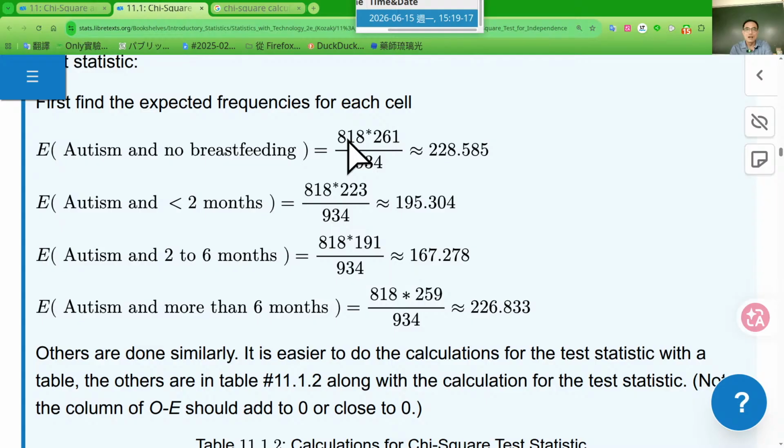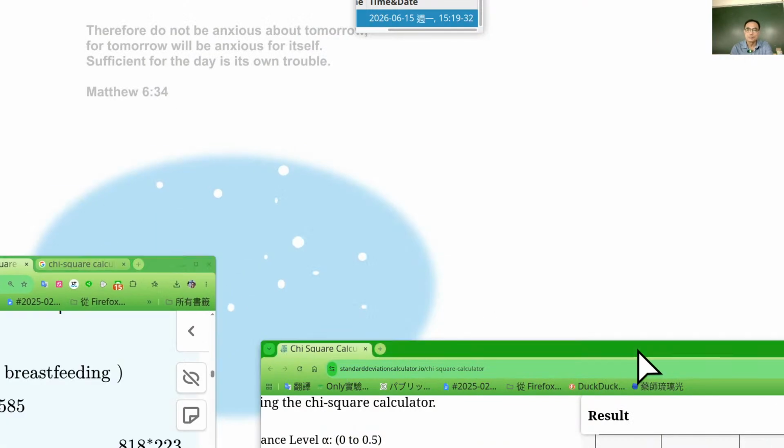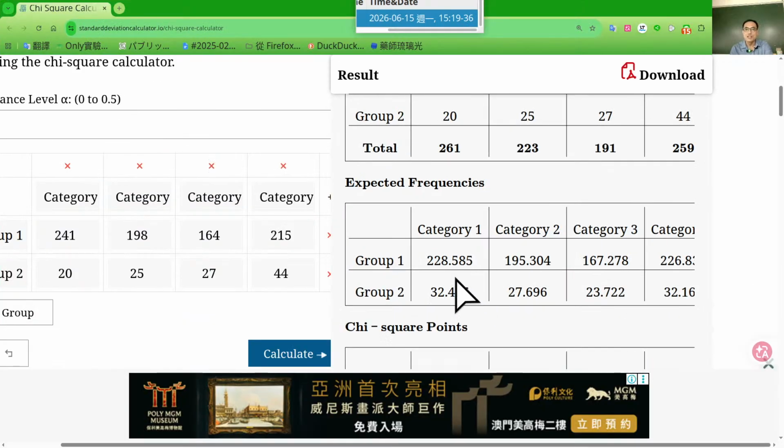Expected value, 818 times 261 divided by 934. The expected value is here. Get it? Let's move here. Thus, we know that the expected value is here.